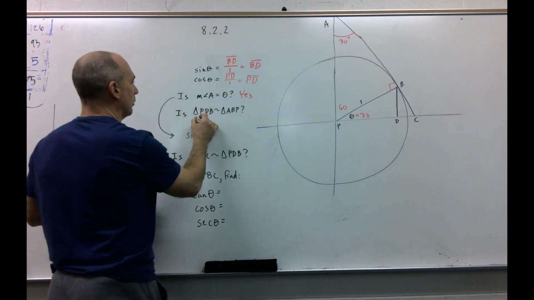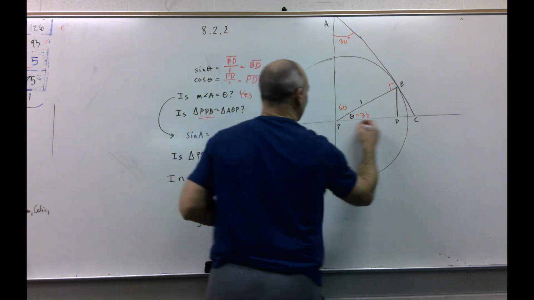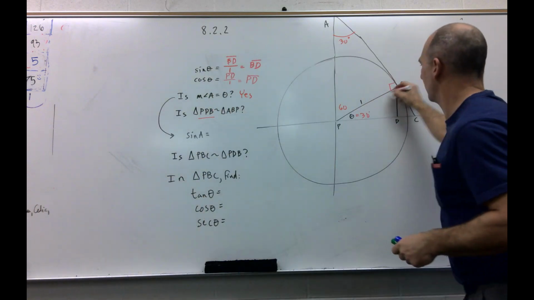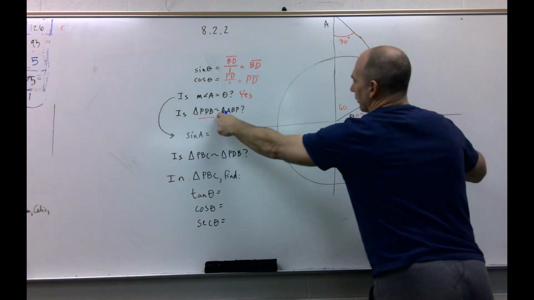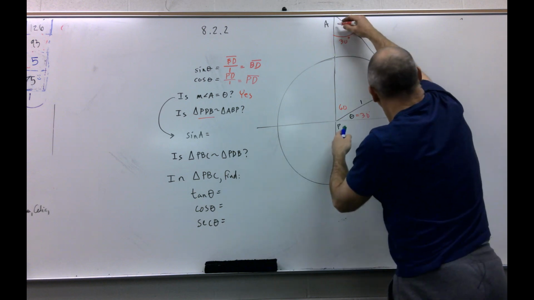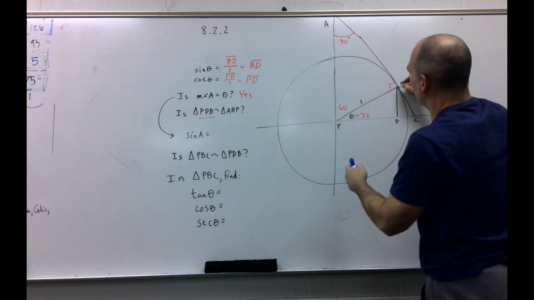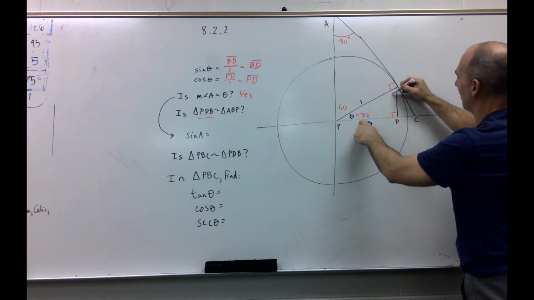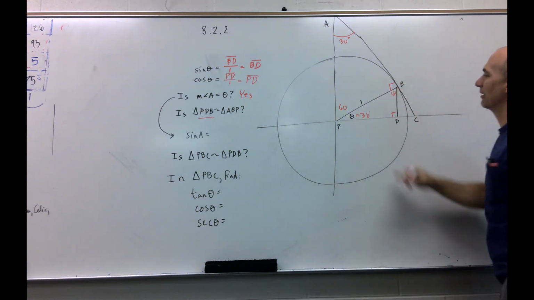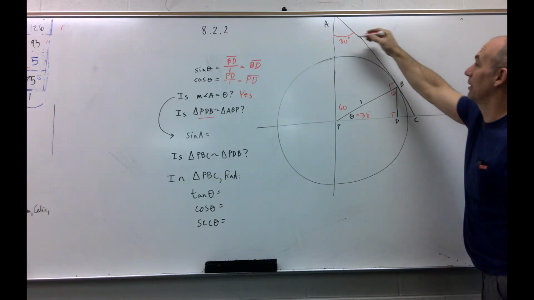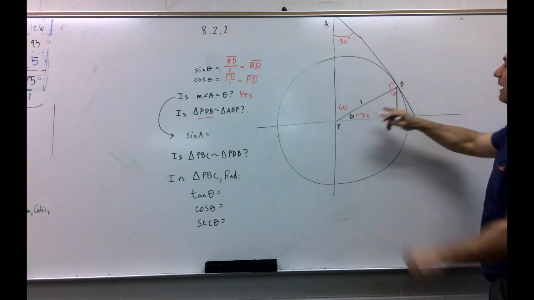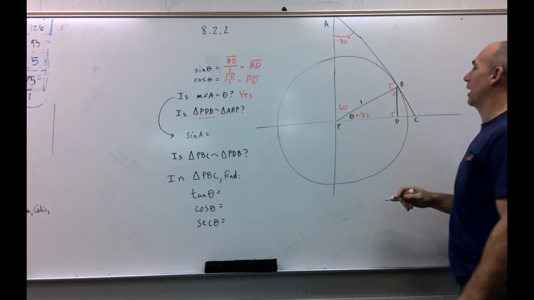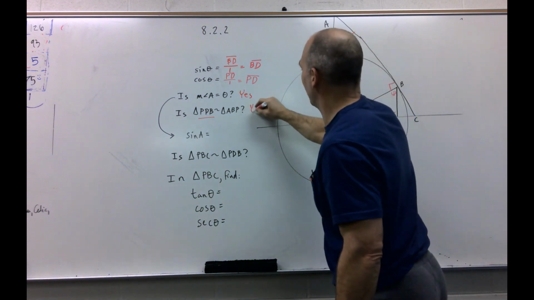Is triangle PDB, P to D to B, this guy right here, similar to ABP? And if this is 30 and that's 90, which it is, that makes this 60. They're not the same size, but they have the same degree measures, so we would say yes.